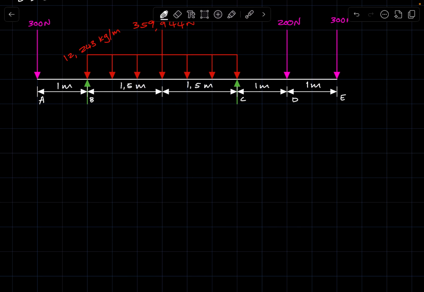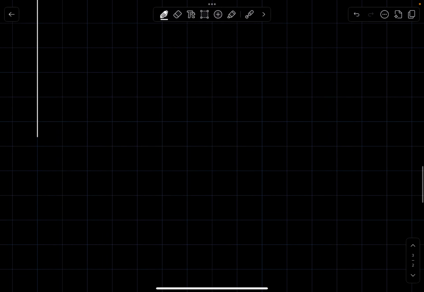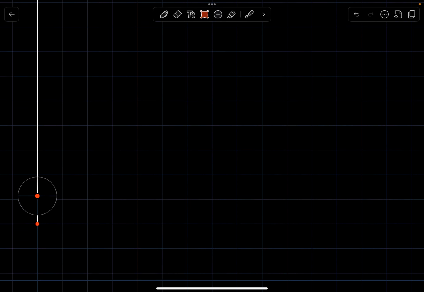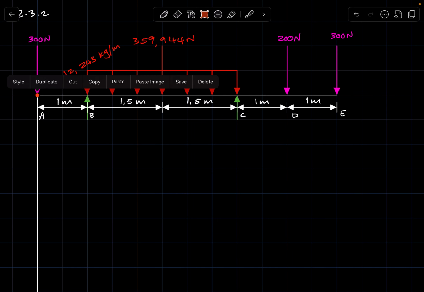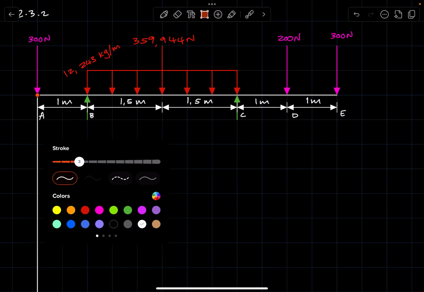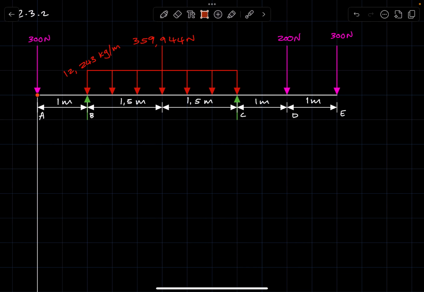So in drawing your shear force diagram, you are going to extend vertical lines from all of the critical points. So from that I mean, you want to have a line extending from here, you're going to have a line extending vertically from all critical points.